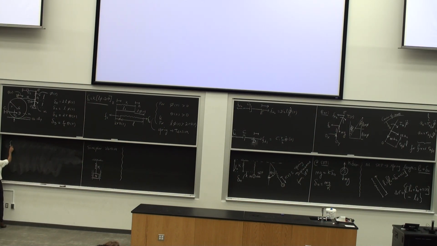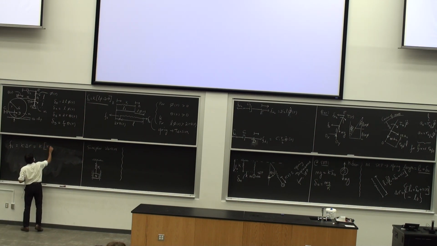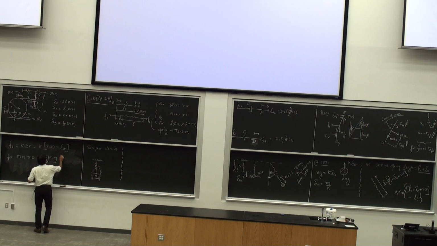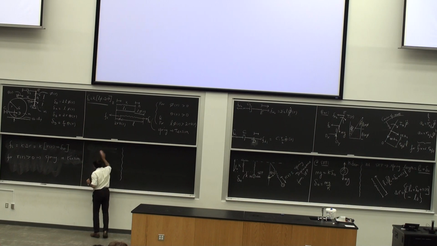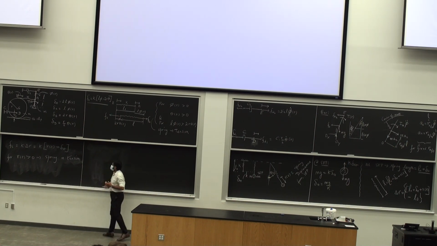So Fs is k times delta r. For a positive r of t, the spring is getting stretched. Right, now I'm ready to draw my free body and kinetic diagrams.